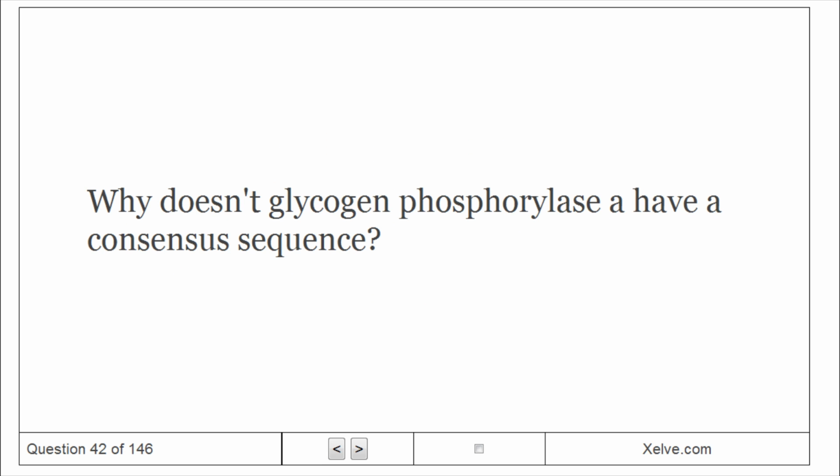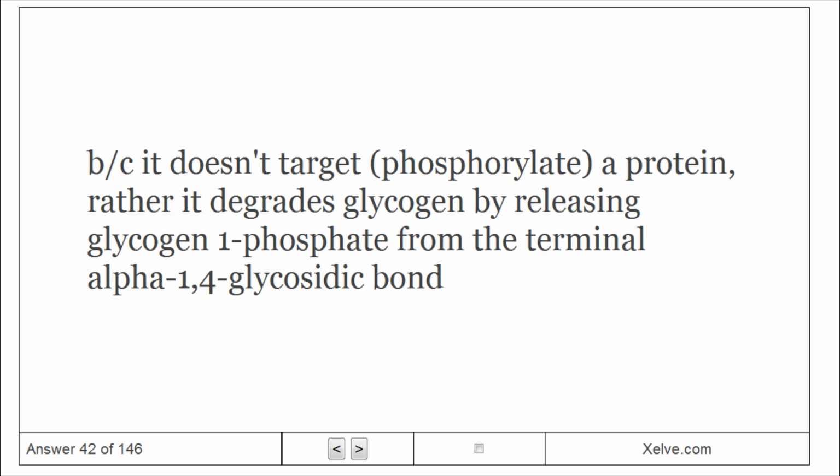Why doesn't glycogen phosphorylase have a consensus sequence? It doesn't target or phosphorylate a protein; rather, it degrades glycogen by releasing glucose 1-phosphate from the terminal alpha-1,4-glycosidic bond.